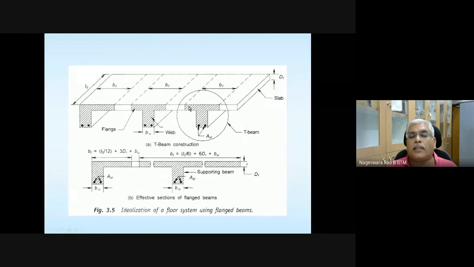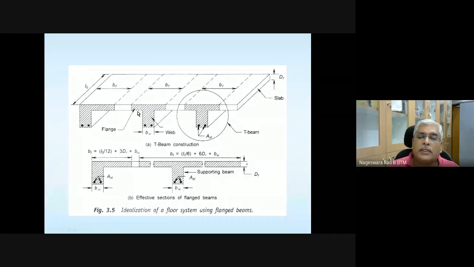Over the beams you have the slab, and depending on the location where the beam is, it's going to act like a T beam or an L beam. A part of this slab is going to act along with this rectangular section to take the form of a T or an L.